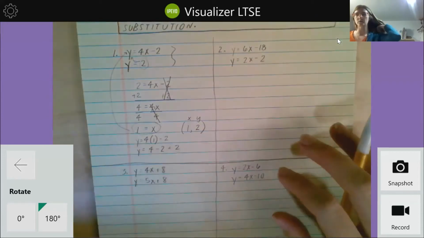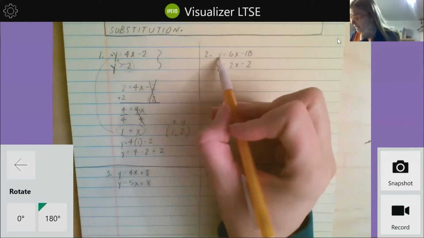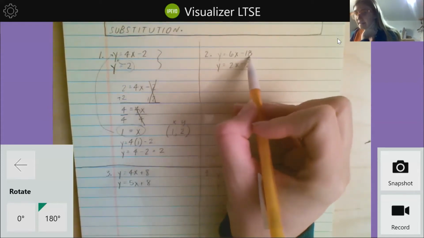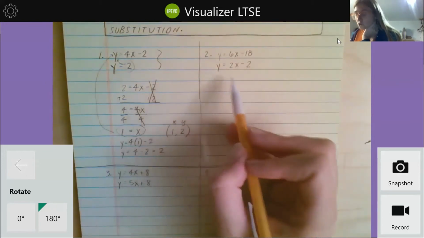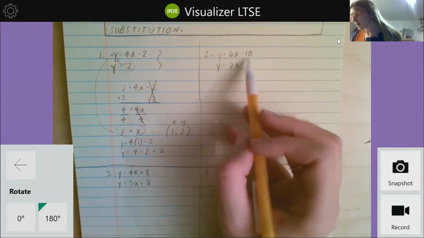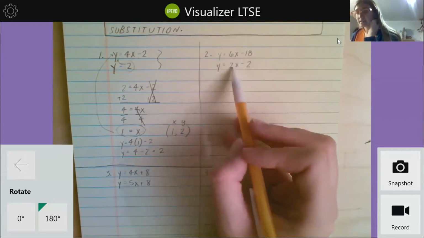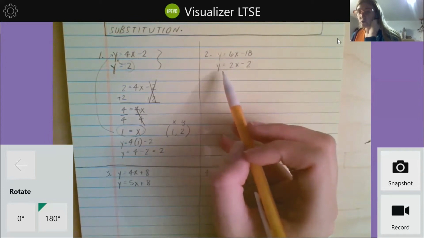Right, let's walk through number 2 together. So I have y equals 6x minus 18 and y equals 2x minus 2. I want to find the solution. I want to find the value of x and y that will make both of these equations true.